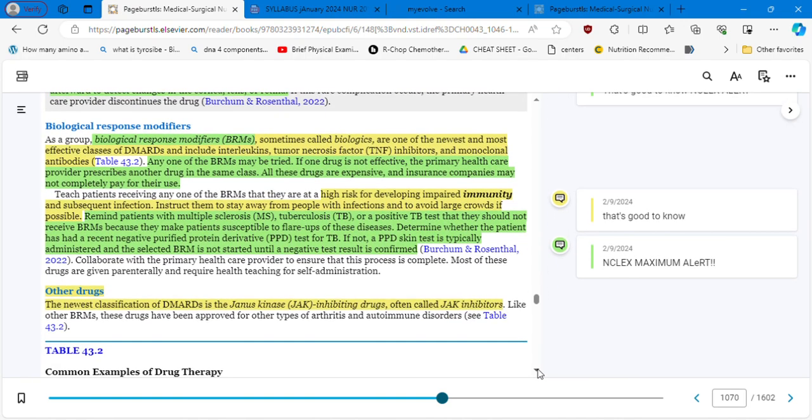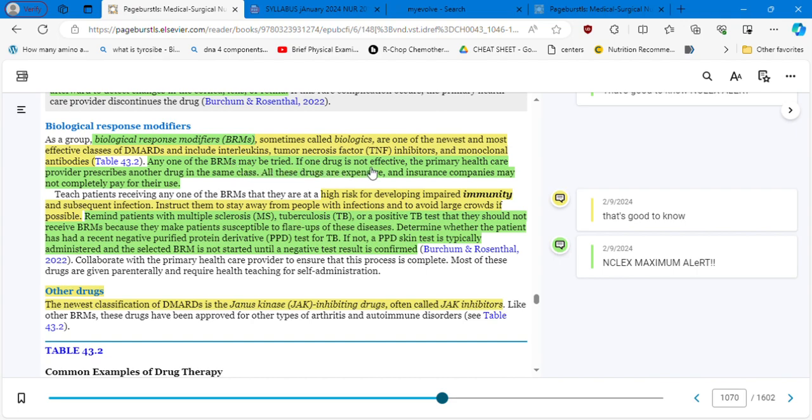Biological response modifiers are sometimes called your biologics, and are one of the newest and most effective classes of DMARDs and include interleukins, tumor necrosis factor inhibitors, okay, and monoclonal antibodies. Any one of the BRMs, which are your biological response modifiers, may be tried.